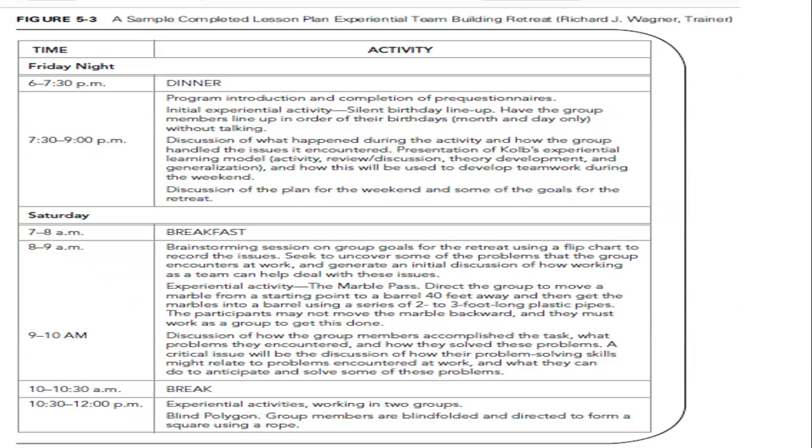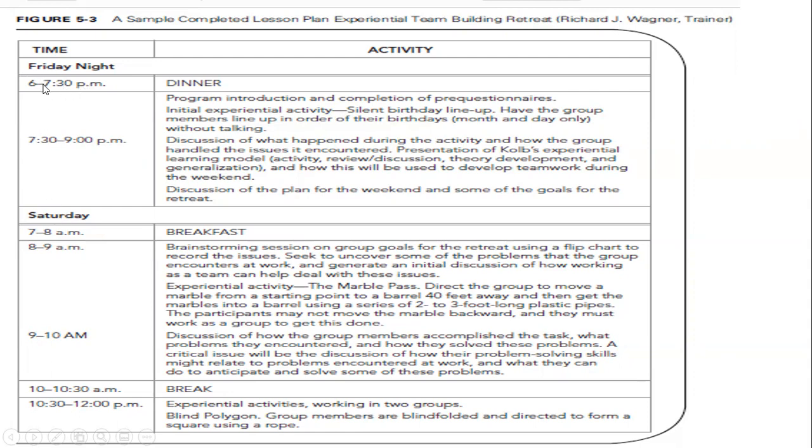So this is a typical example of a lesson plan for experiential team building. And if you take a sober look at this lesson plan, they have scheduled it on 2 main days, Friday night and Saturday.